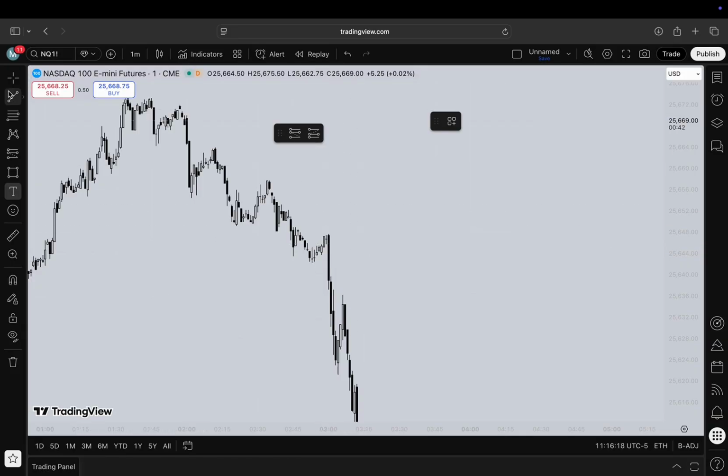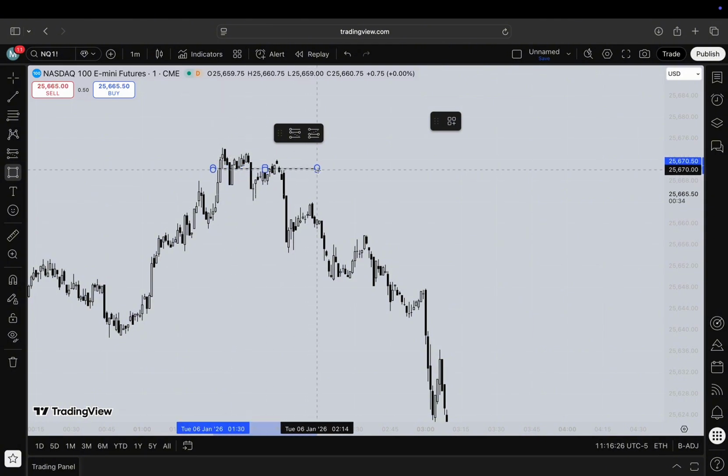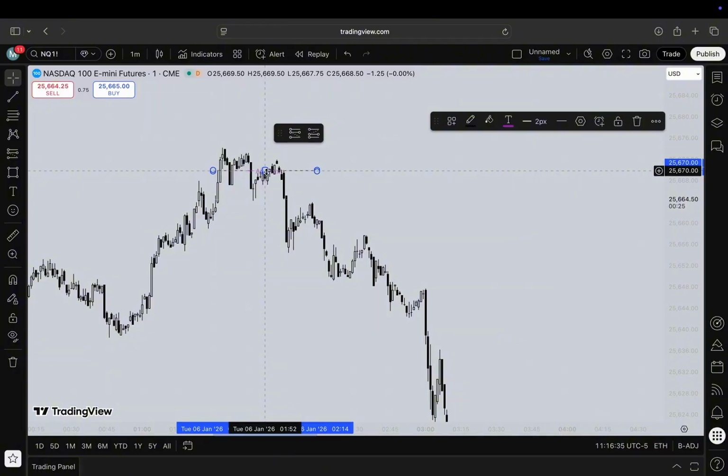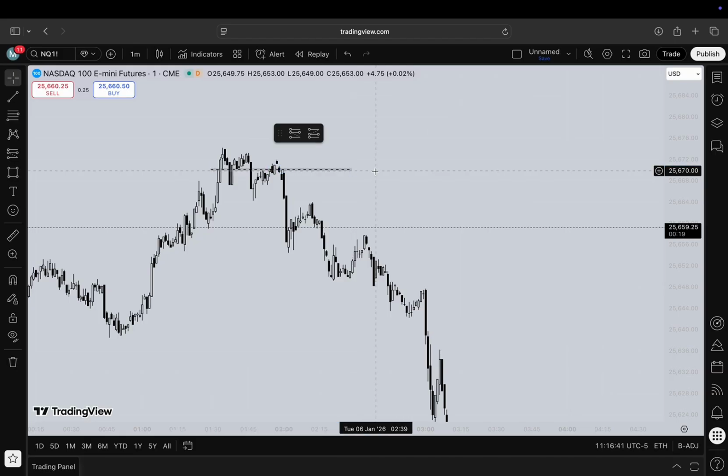Okay, we have a fair value gap here on the 1 minute. Price closes below this imbalance in price, so we could have entered from here. We want to enter from this candle.